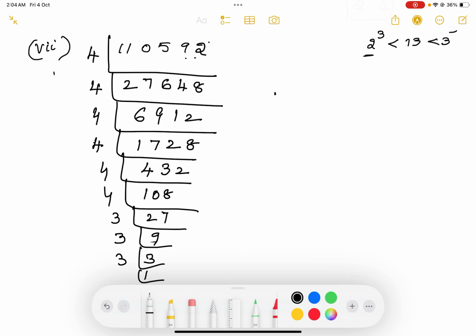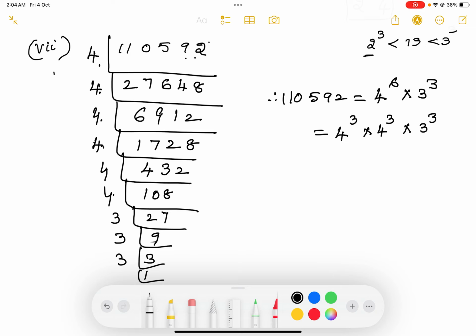So what you can write now is 1,10,592 can be written as, how many 4s? 1, 2, 3, 4, 5, 6. So 4 power 6 times 3 cube. So how can we split this 4 power 6? Cube means there are 2 sets of 4 cubes, correct? So 4 cube into 4 cube into 3 cube.